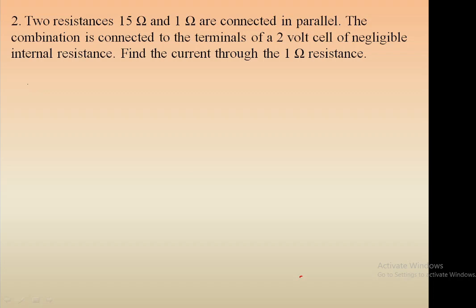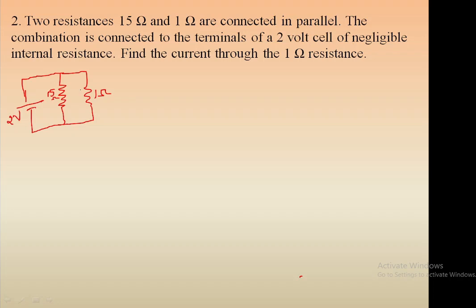So let us draw the circuit diagram. Here we have the two resistances, 15 ohm and 1 ohm, connected in parallel, and this combination is connected to a source of voltage, that is 2 volt, with a negligible internal resistance.